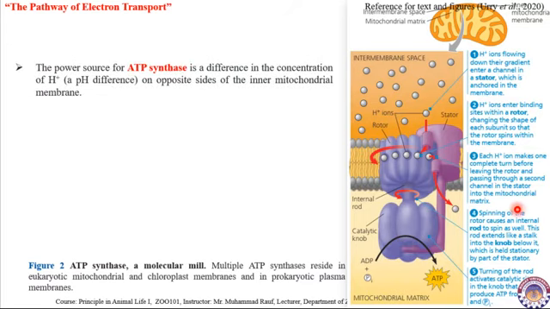Now this is the inner lumen of the mitochondria. Here are present a lot of hydrogen ions, and as the electrons are passed from one carrier to another carrier to another carrier, in this way energy is liberated, and this energy is used to force or to pump the hydrogen ions from the inner lumen into the intermembrane space.